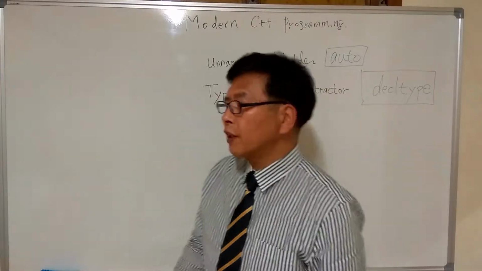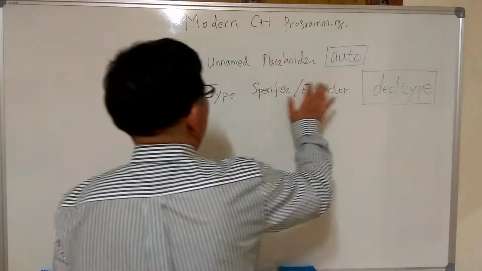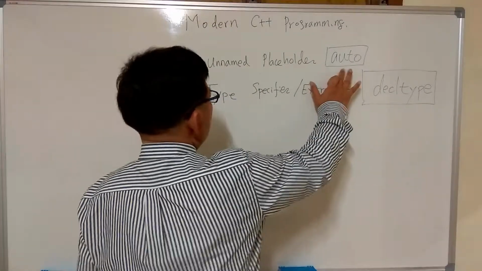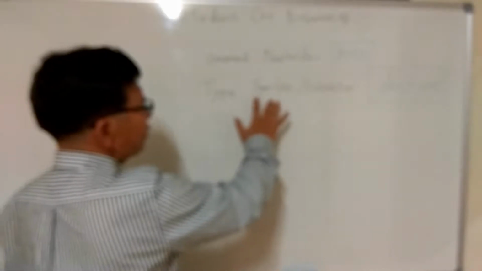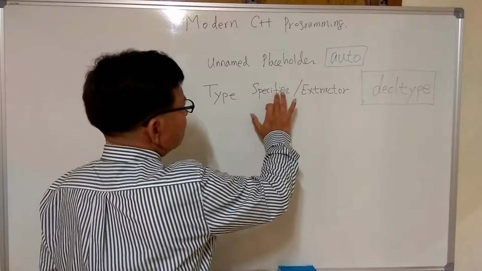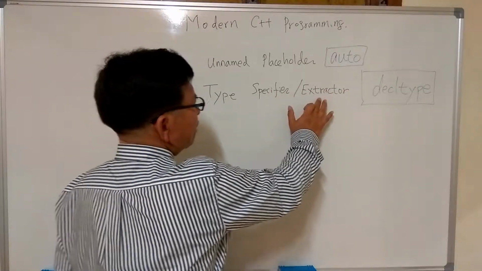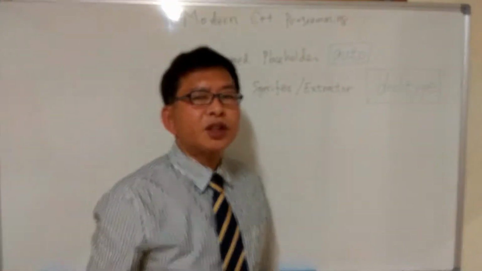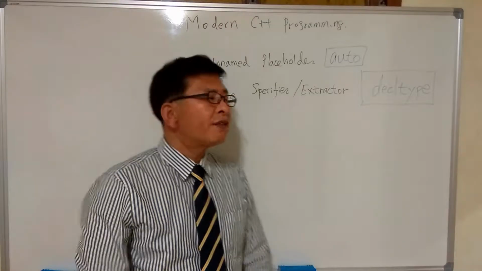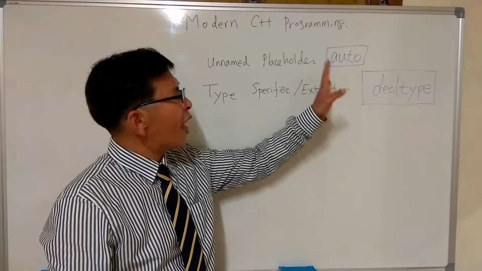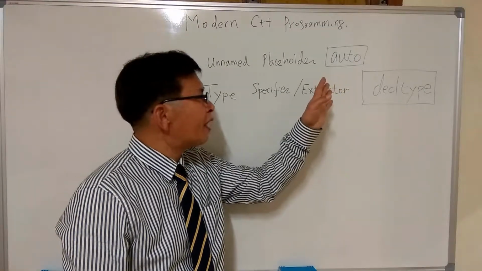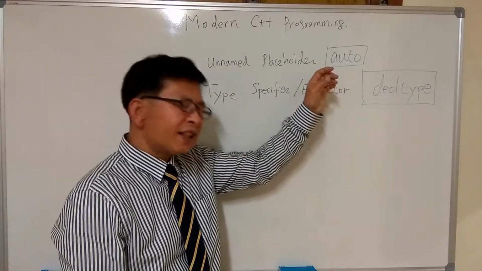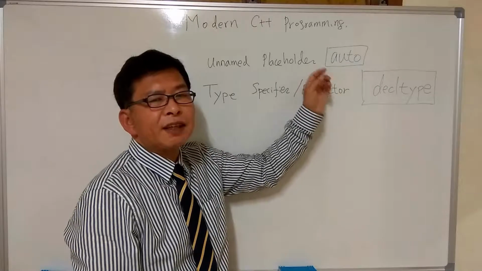In this session of video, we will learn the unnamed placeholder keyword auto and the type specifier or extractor decltype. These two keywords were introduced in C++11 and have been extended quite a lot in C++14 and 17.